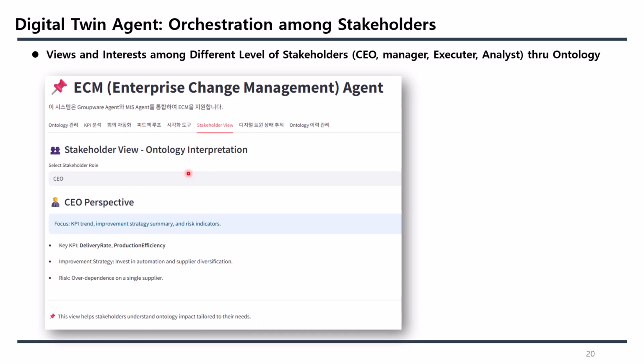The ultimate goal is that, with all this information, there should be a decision making process by the view of CEOs or management layers.